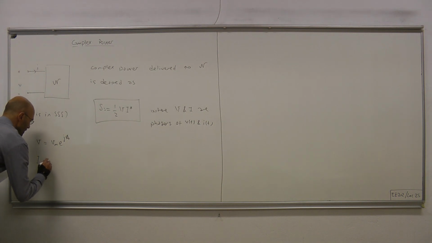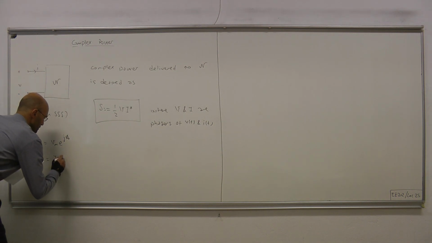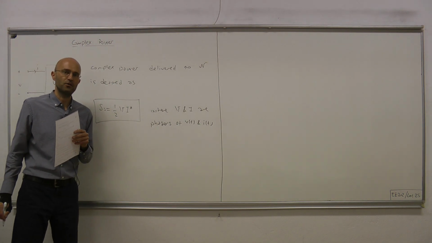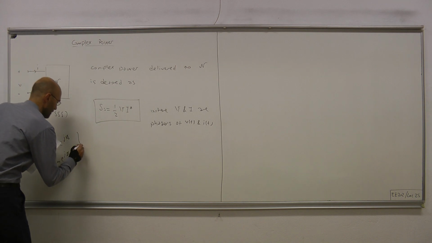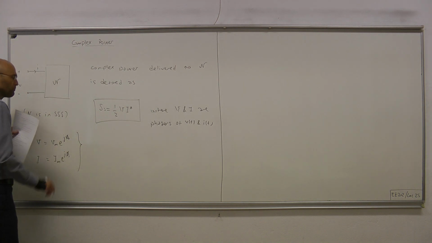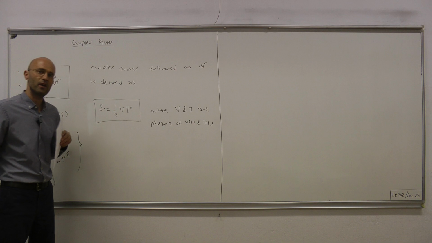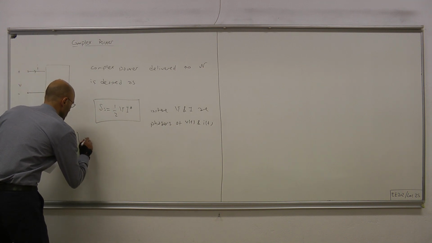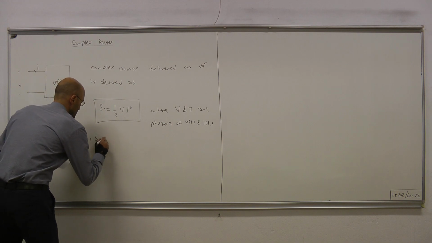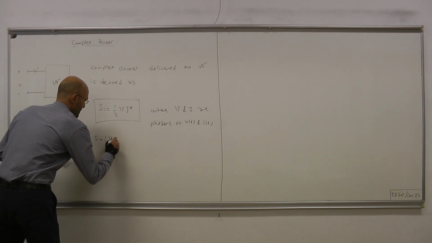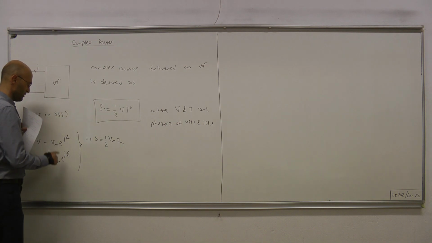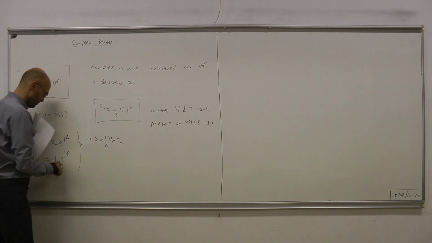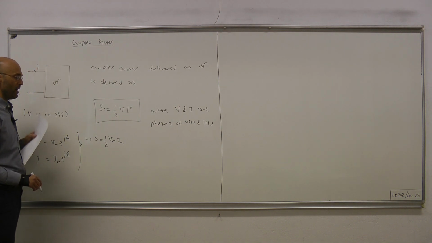Likewise, the current can be written as some magnitude Im times e to the j times the phase of the current, phi I. Now let's put these expressions into the definition we have just introduced. That yields S equals 1/2 Vm Im times e to the j phi V times, because of this conjugation, e to the minus j phi I.